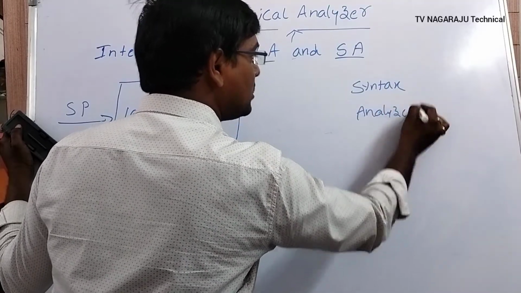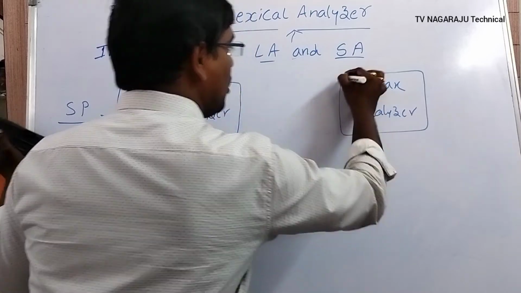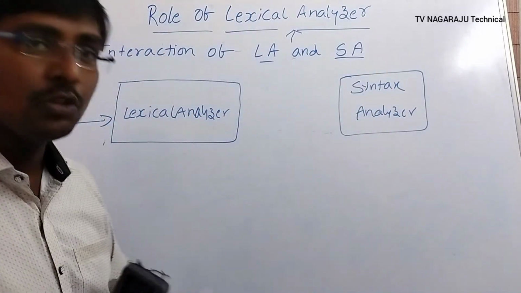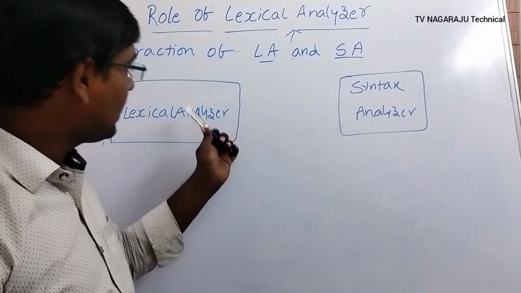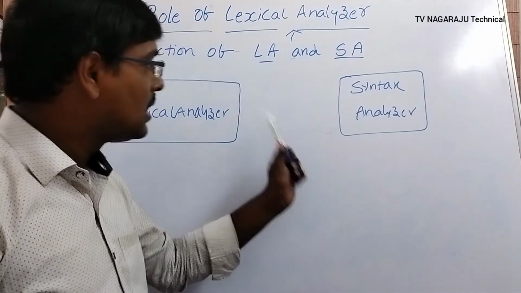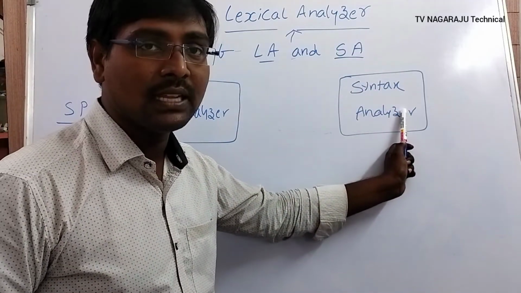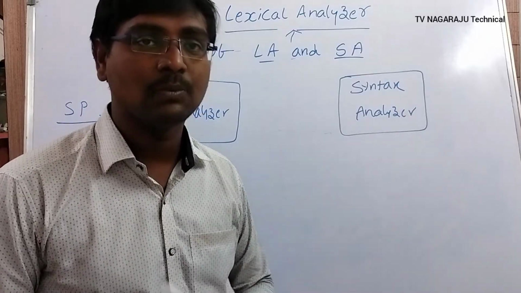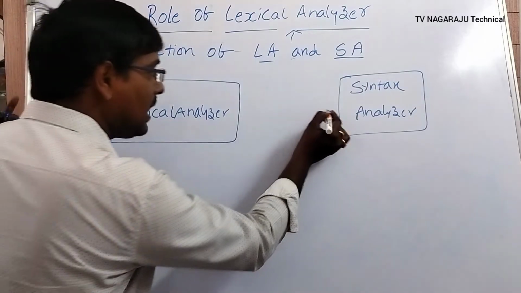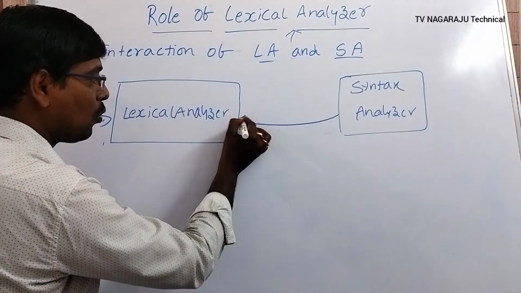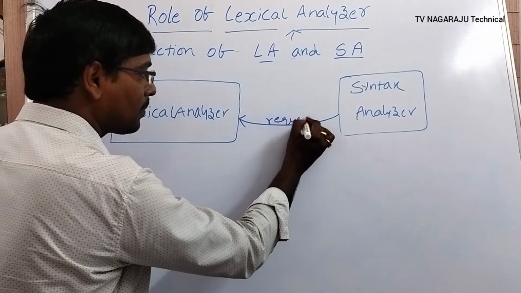Originally we assume that first the source program is given to the lexical analyzer, which generates the tokens, and those tokens are transferred to the syntax analyzer. This is our assumption, but originally it is not true. First, the syntax analyzer requests a token.